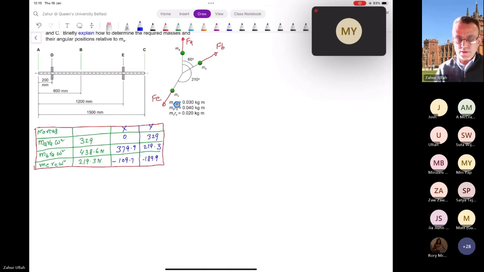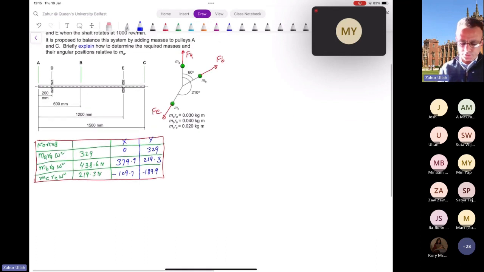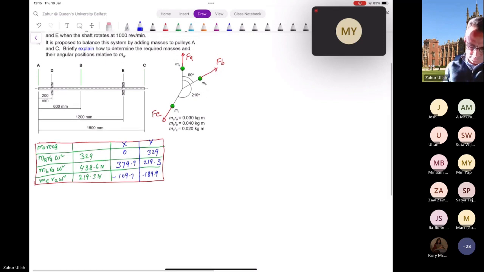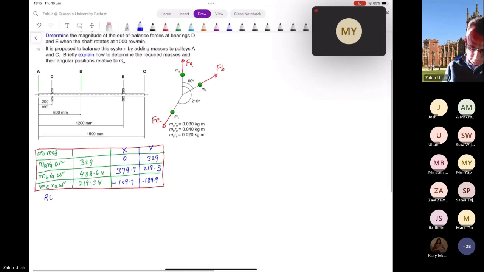Now in the previous case, you were asked to calculate the reactions at D and E. But now the question is a bit different. The requirement here is that we need to balance this system. If the system is balanced, then there will be no reaction forces.